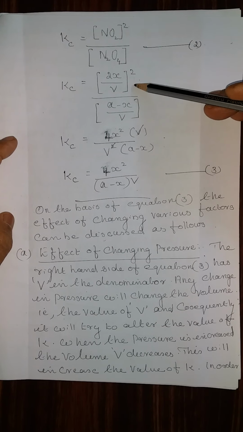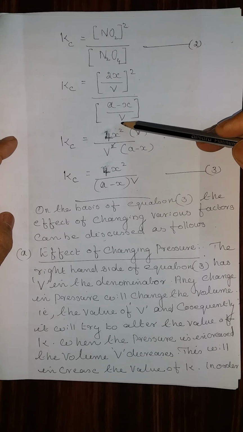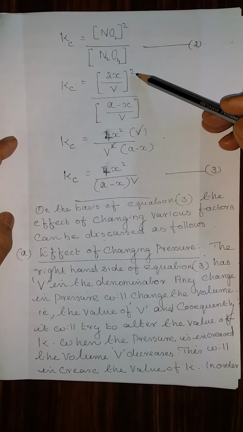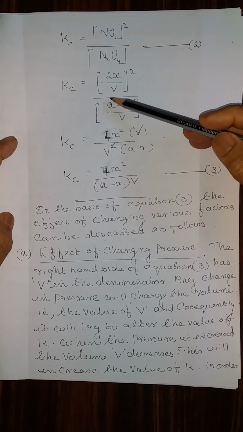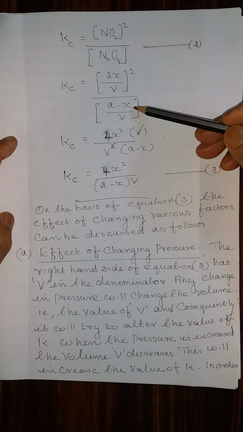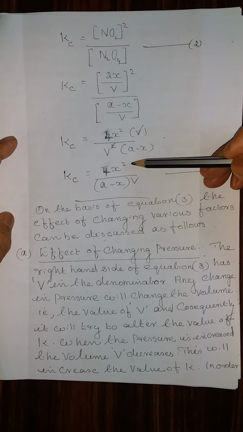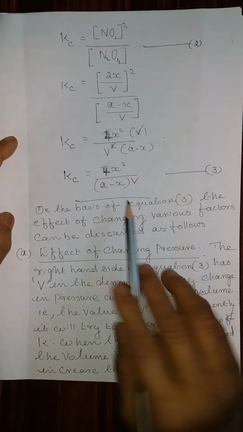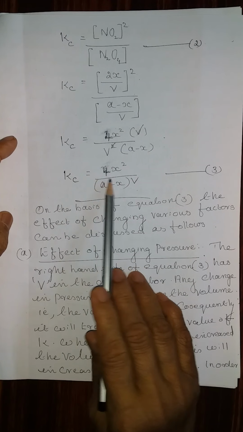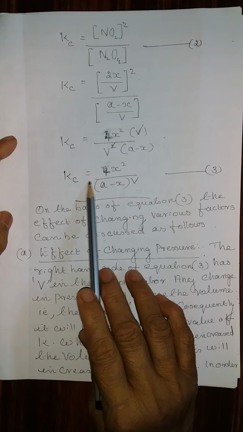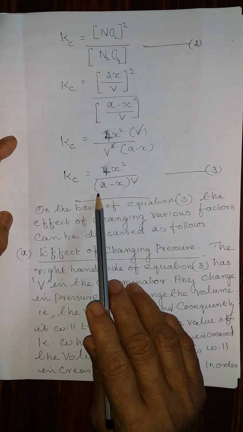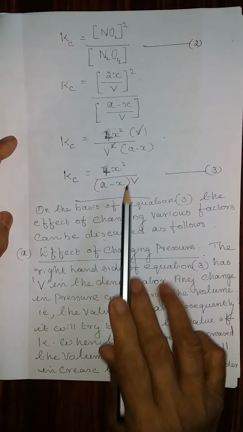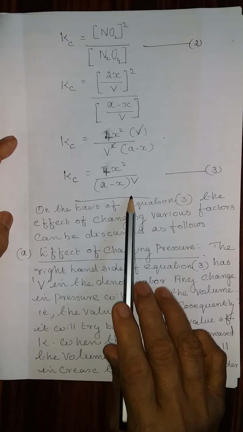Substituting the concentrations which we already determined, Kc is equal to (2x by V) raised to the power 2 divided by (a minus x) by V. On simplifying, we get 4x squared divided by (a minus x) V. You simplify it by yourself and see whether you are getting this answer.